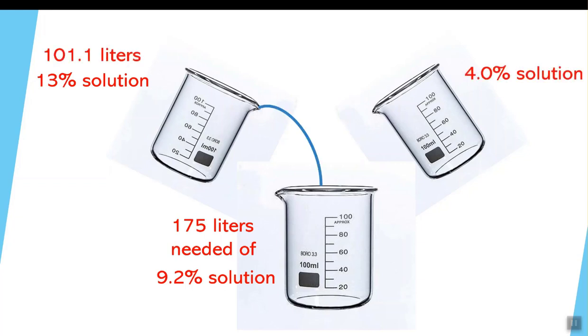And then of the 4% solution, we added 73.9 liters. And notice how the 13% was a little bit higher than the 4%, 101.1 liters compared to 73.9. And that resulted in our final solution, 9.2%, being higher than midway between the 13 and 4%. So that confirmed what we were trying to estimate.